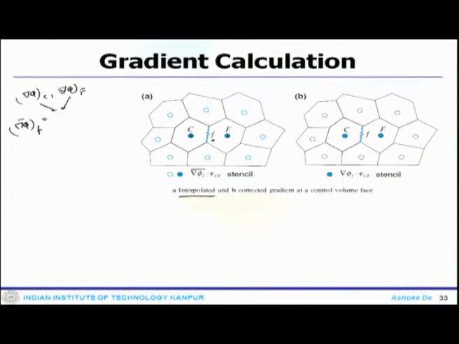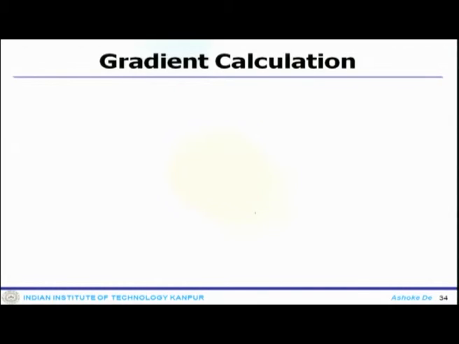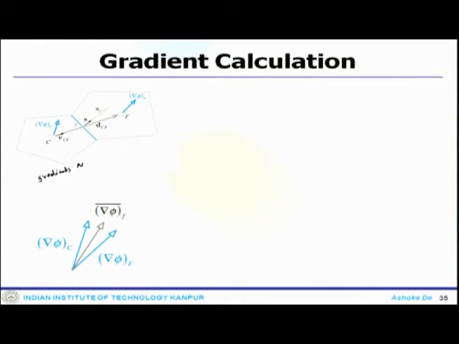Now it is also very important to look at this stencil. If you look at this particular first figure, you have two nodes, C and F, where the cell center gradients are available.